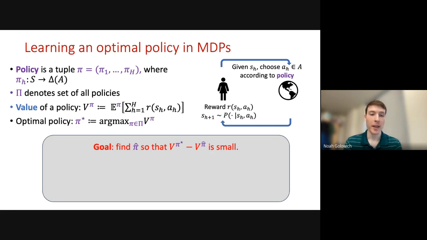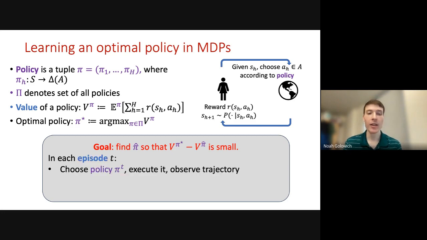Okay, now the goal in reinforcement learning that we're going to be considering is to find a policy pi hat which has near optimal value. Namely, we want V^{pi star} minus V^{pi hat} to be small. And the way we do this is to consider the online RL setting. So the agent is going to interact with the MDP in a series of episodes. In each episode, the agent chooses a policy pi_t, it executes it, and it observes a trajectory consisting of states, actions, and rewards drawn from the policy.